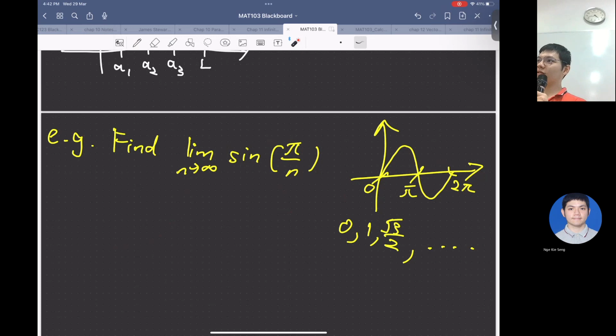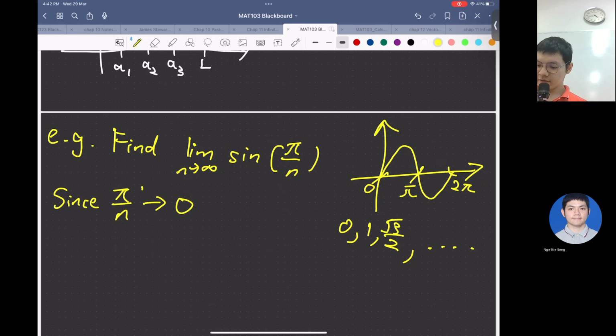What does this sequence converge to? 0. So pi over n converges to 0 as n goes to infinity, which is shorthand notation for the limit.